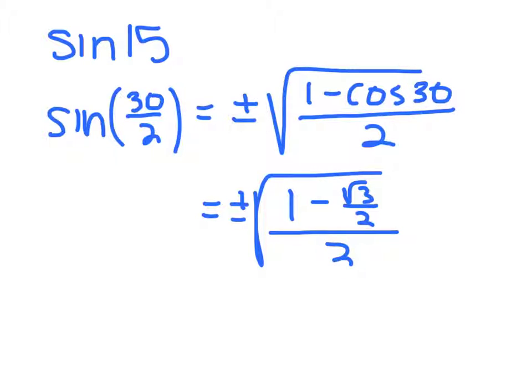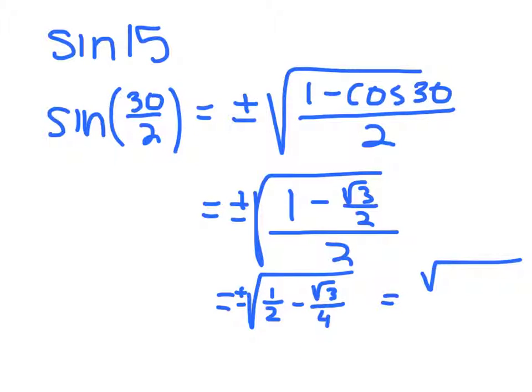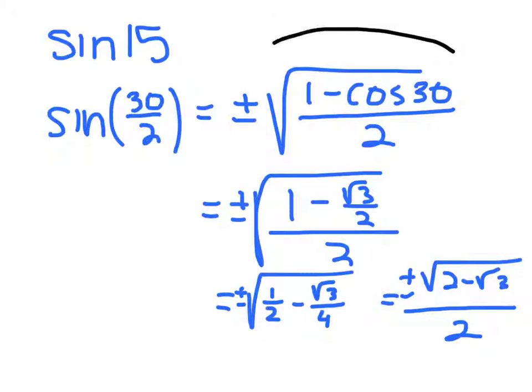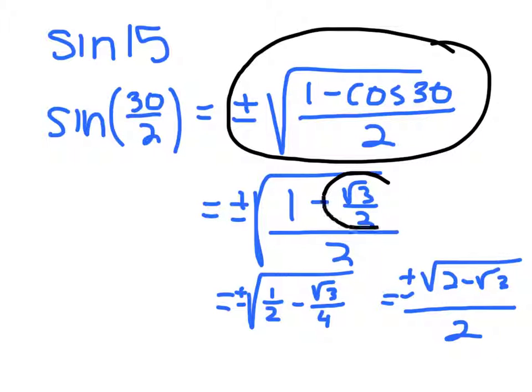So this is equal to 1/2 minus the square root of 3 over 4, all under a square root, which simplifies to the square root of 2 minus the square root of 3, divided by 2, plus or minus. And so for these types of problems, again, you don't have to memorize these formulas; you're just copying down the formula, doing your exact value thing, simplifying, getting the answer.